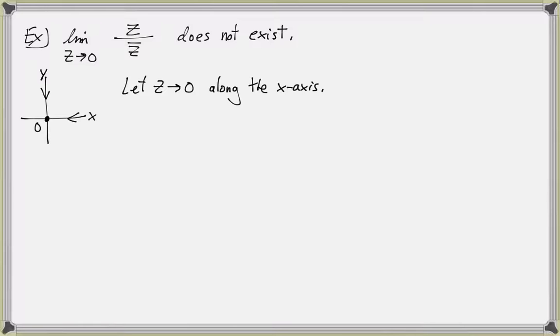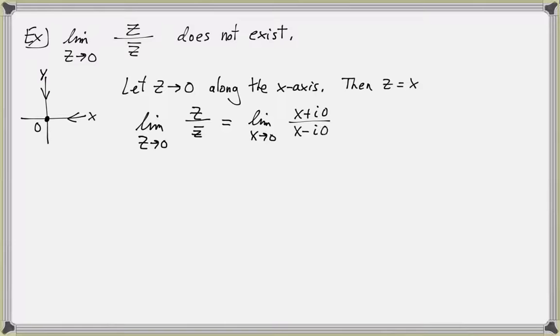If z is only approaching along the x-axis, then the complex number z will just equal x. And therefore the limit as z approaches 0 of z over z bar will be equal to the limit as x approaches 0. So this is just a real limit, and z will just be x plus i times 0 over x minus i times 0.